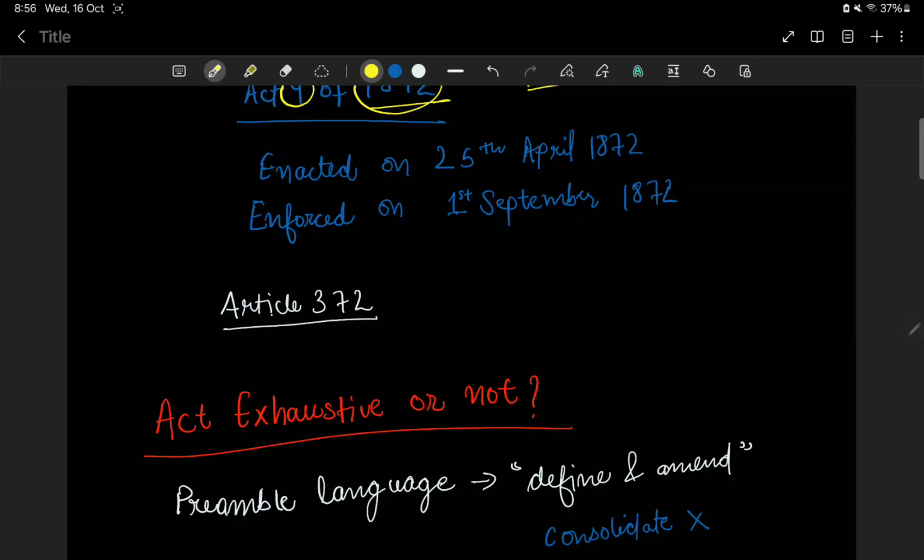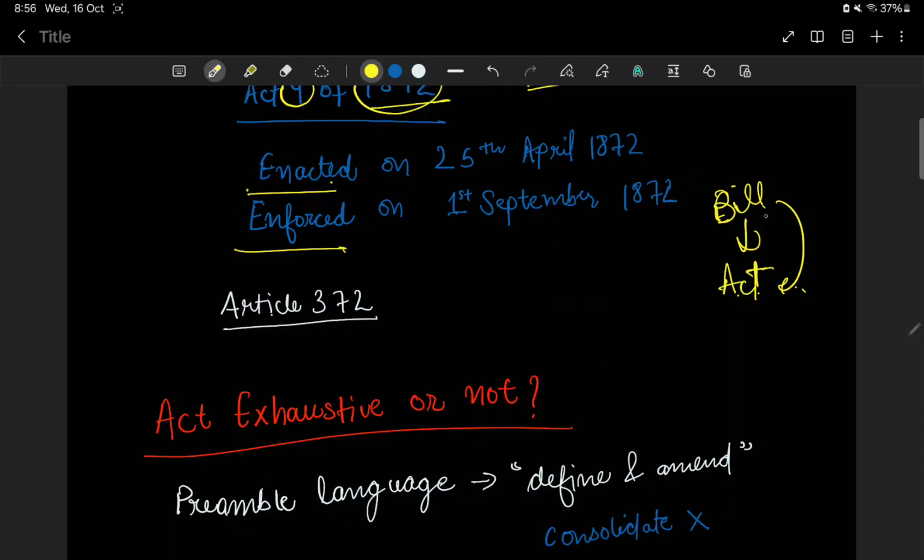If you are someone who is not aware of the difference between enactment date and enforcement date, then it is very simple. The date of enactment means it is the day on which the bill became an act. And how does a bill become an act in our Indian structure?